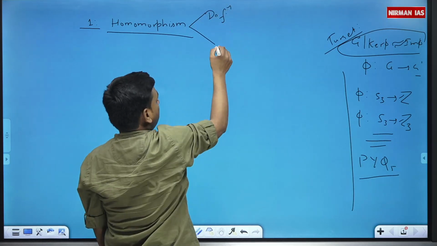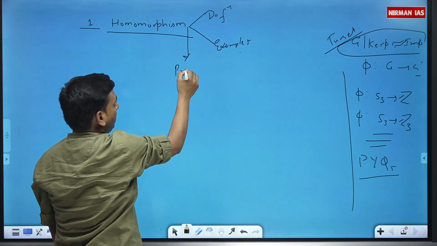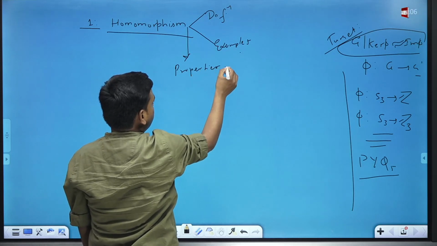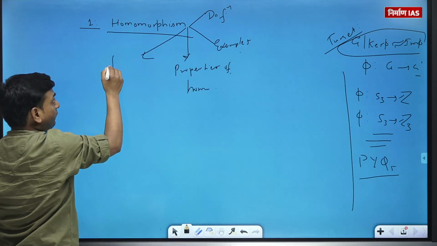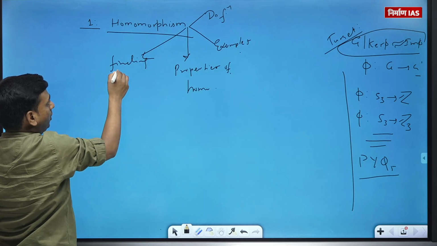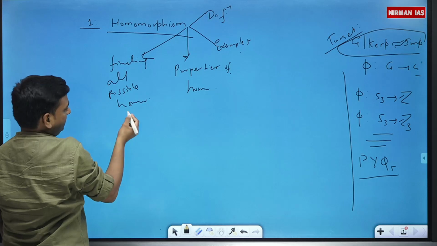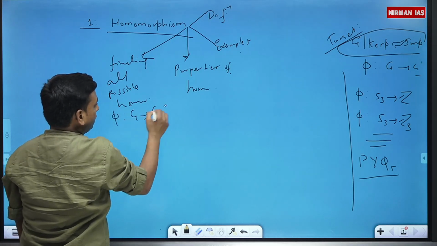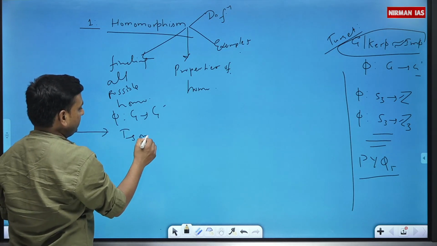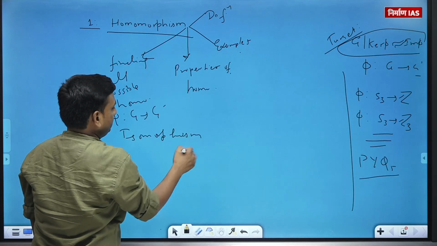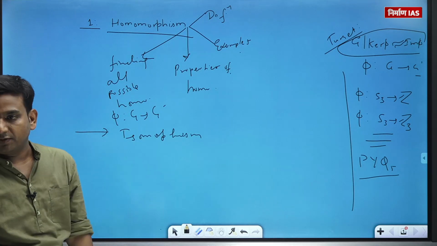Definition, examples to visualize, properties of homomorphisms, and finding all possible homomorphisms between two groups, and how isomorphism is just two steps further from homomorphism. Is that clear, guys? Is it visible to you all?